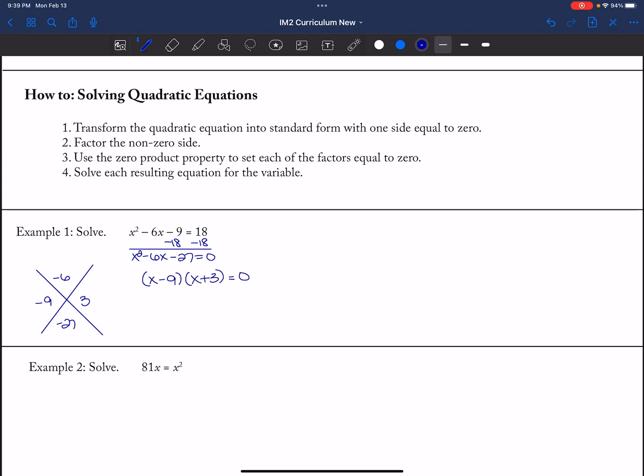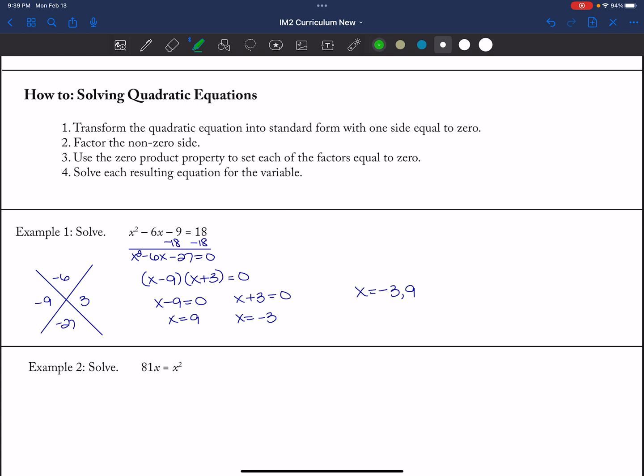The zero product property says that I can set both factors equal to 0 and solve. So I get x is equal to 9 and x is equal to negative 3. So x is equal to negative 3 and 9.